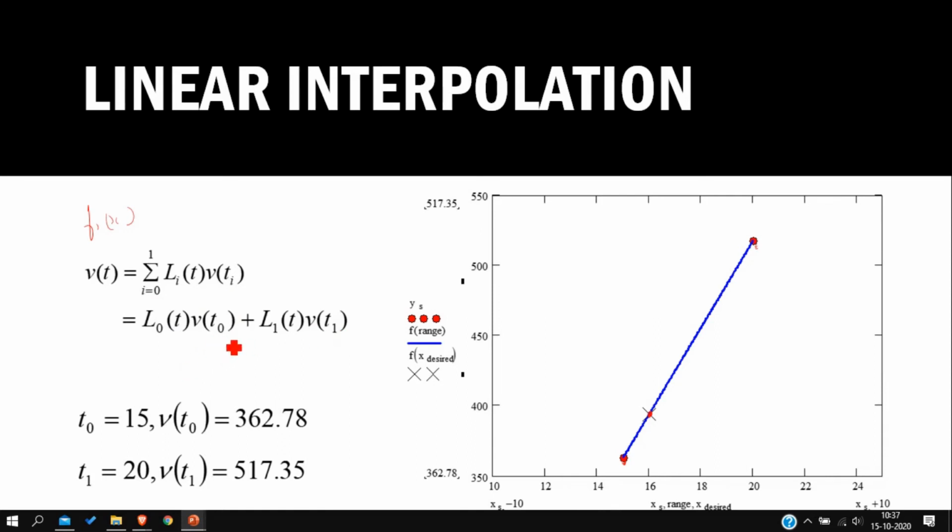In order to find this, we need t0, that is 15, and v of t0, that is 362.78, and t1 we know it is 20, and v of t1 we know it is 517.35. We took these two values as t0 and t1 because the value for which we want to find the velocity lies between these two time limits. If it is within some other time limits, then you have to go for that particular range.